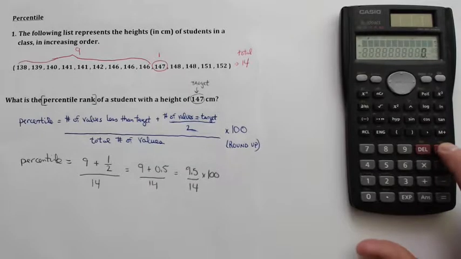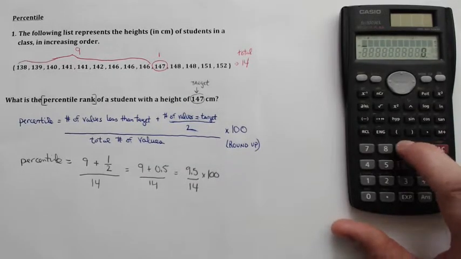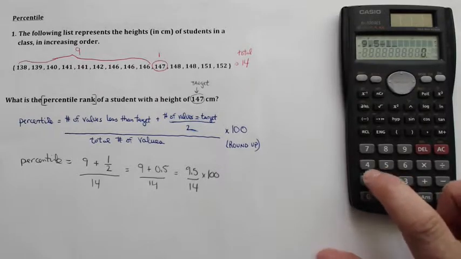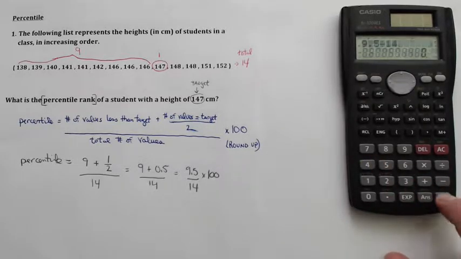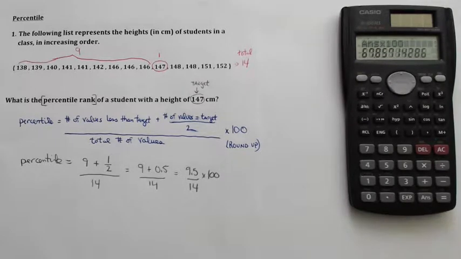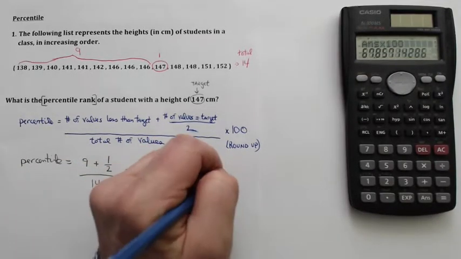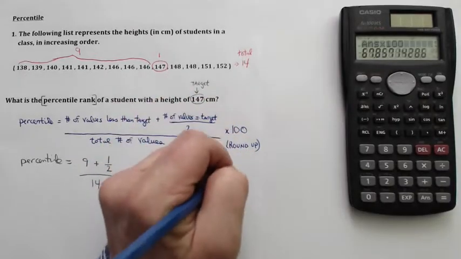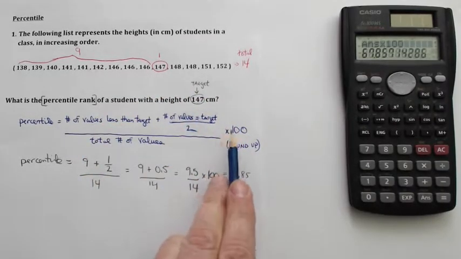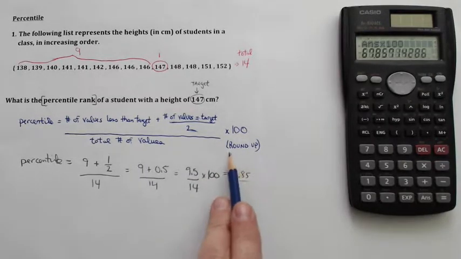So we'll do that on the calculator right now and go 9.5 divided by 14. Hit equals. Always hit that equals button, and then times it by 100 and hit equals again, and in this case you're going to get 67.85, but regardless of what the decimal is, I'm always going to round it up to the next biggest number.